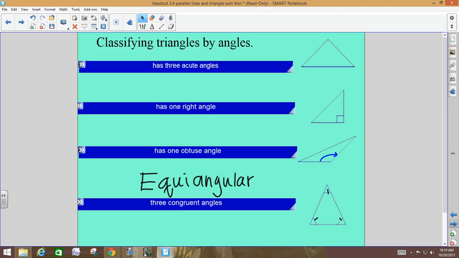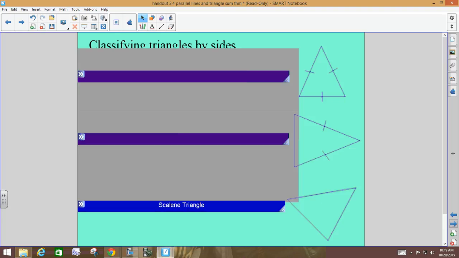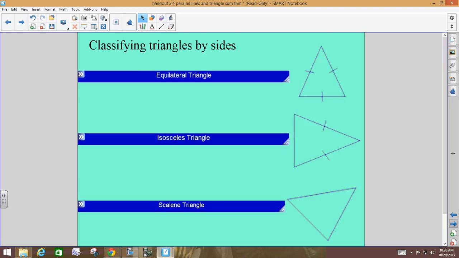You can also classify triangles based on their sides. If a triangle has 3 congruent sides, we call it equilateral. Again, equi means equal. Lateral means sides. People talk about your lateral movement, your movement side to side. Equilateral, 3 congruent sides.